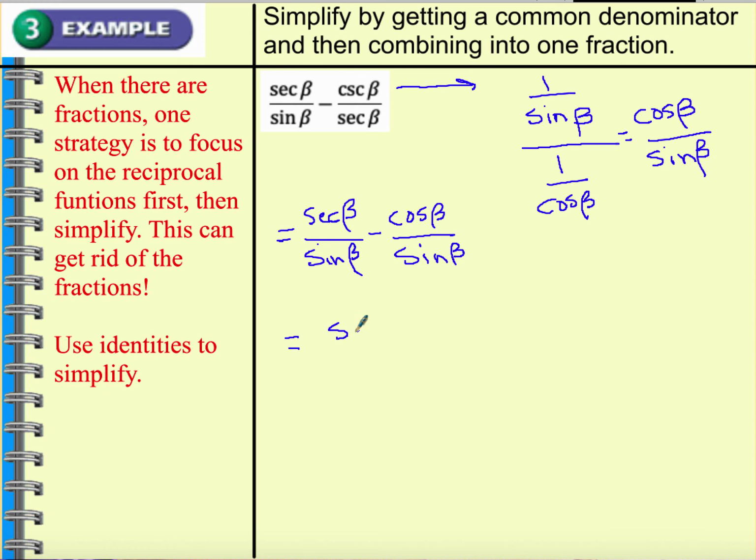I get the secant of beta minus the cosine of beta, all divided by the sine of beta. And gosh, this doesn't seem very much simpler. I mean, we are definitely in one fraction instead of two fractions. But we could also maybe change our secant to a cosine.